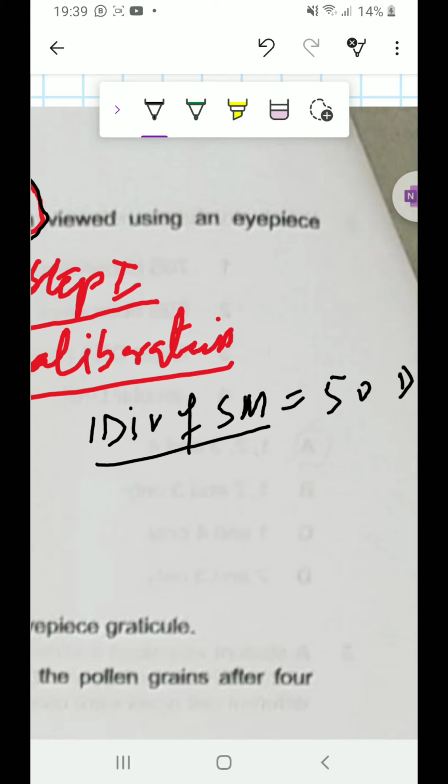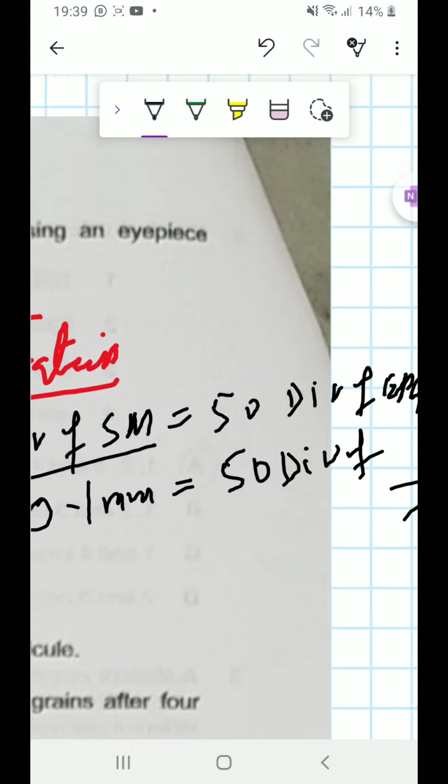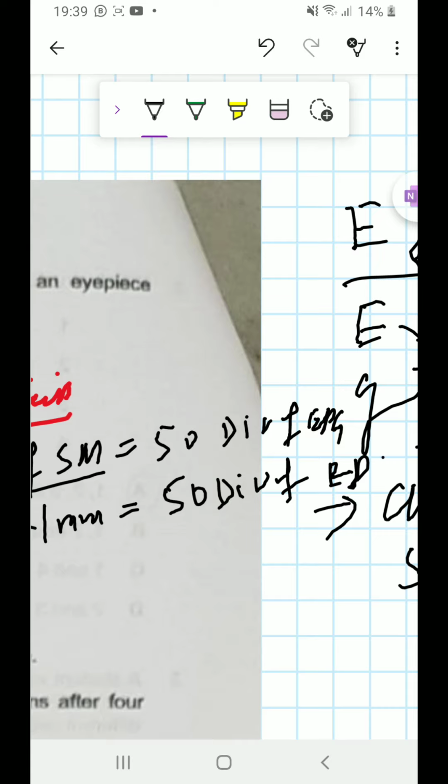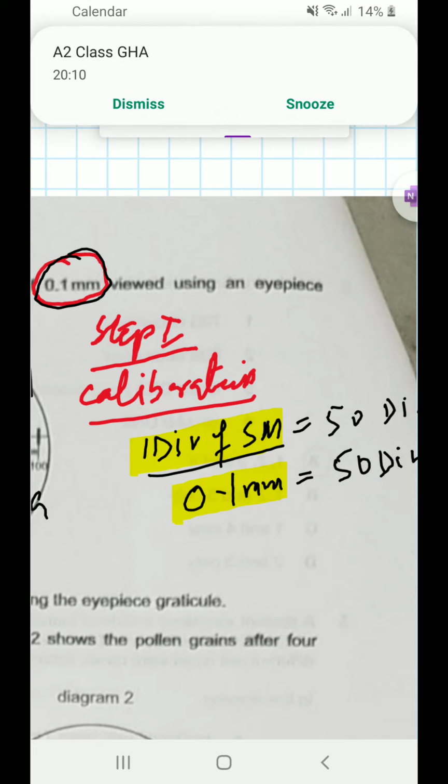One division of SM, we know, is 0.1 mm. So instead of one division of SM, I will write 0.1 mm is equal to 50 divisions of EPG. Why? Because one division of SM is equal to 0.1 mm, so the value of one division of SM is placed instead of one division of SM here.